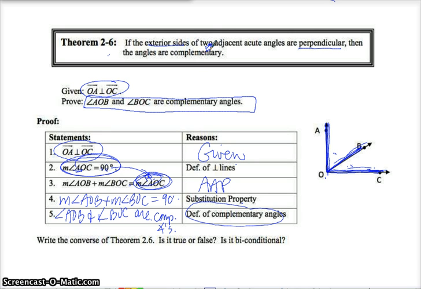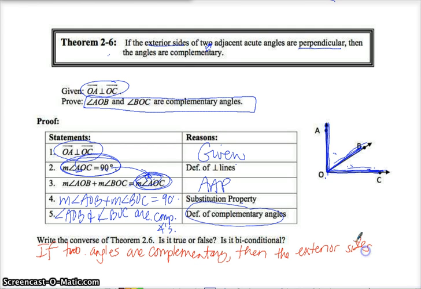So it should be exactly: if two angles are complementary, then the exterior sides of the angles are perpendicular.